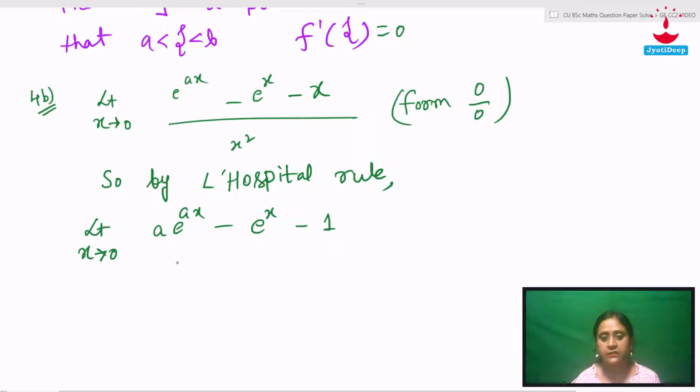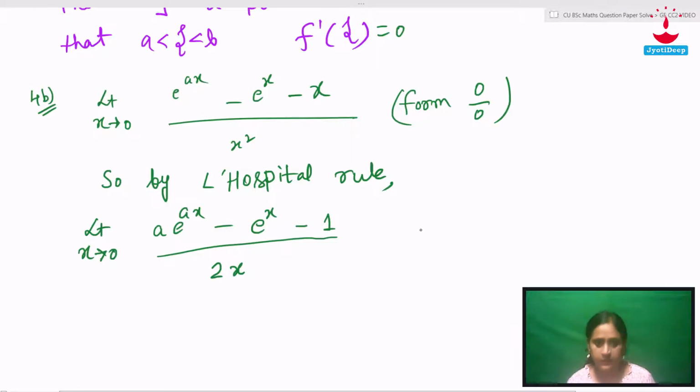And in the lower part, differentiation of x square is 2x. Now again, if we put 0, the lower part is 0, and the upper part is a minus 1 minus 1, that is a minus 2.